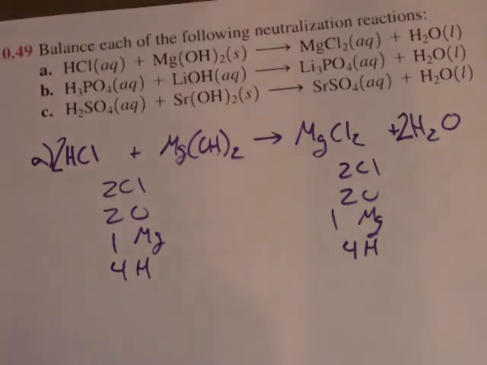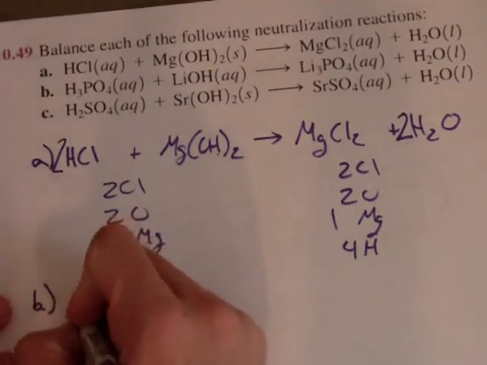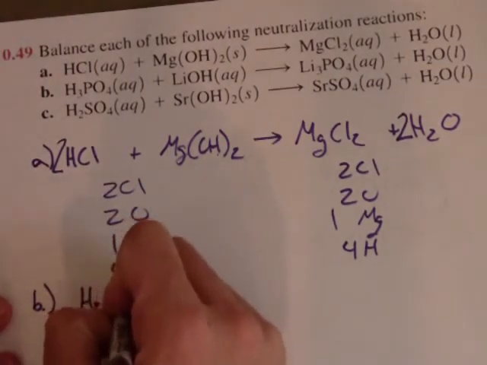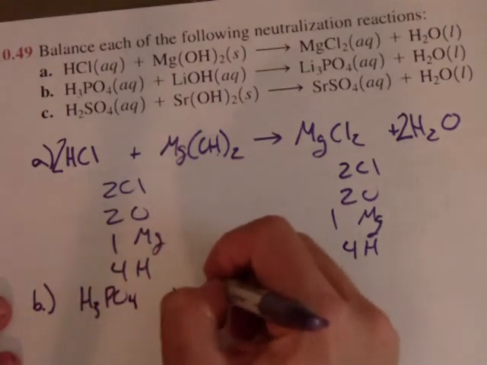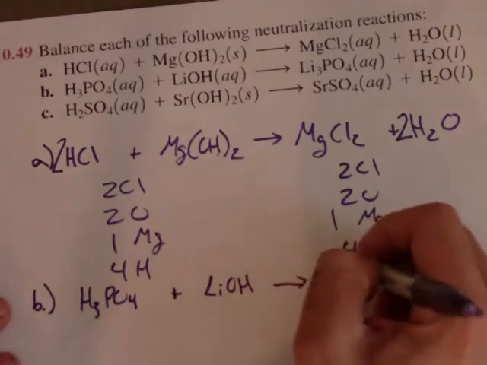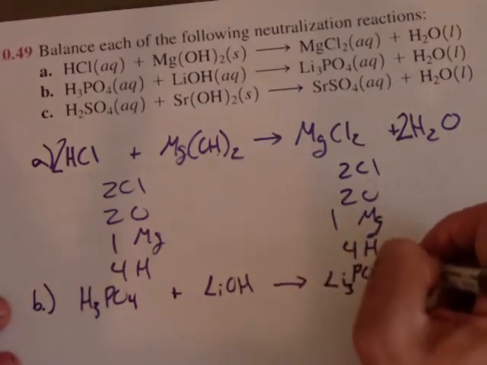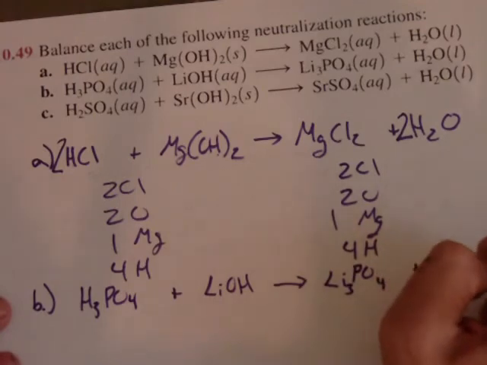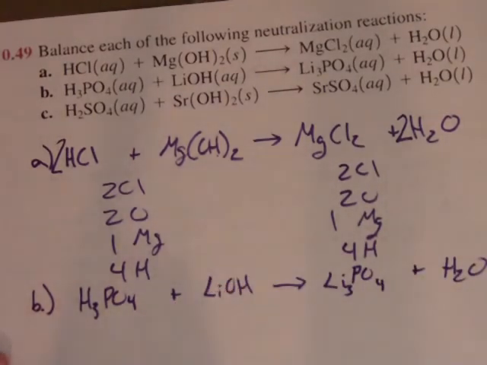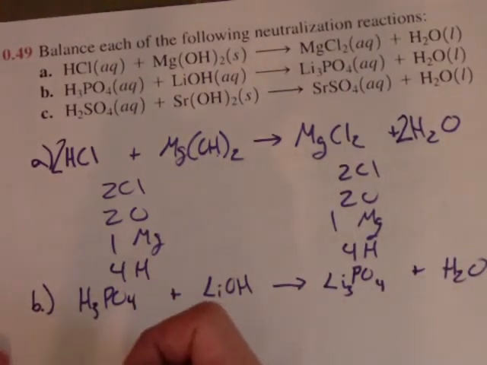We can look at B next. We have H3PO4 and lithium hydroxide making lithium phosphate, Li3PO4, and water. Remember that in neutralization reactions, you always end up with water and you always end up with a salt.